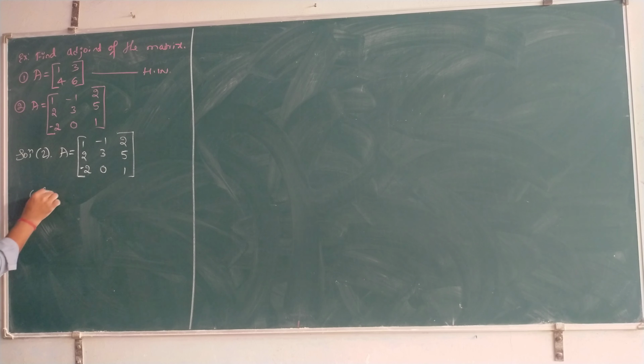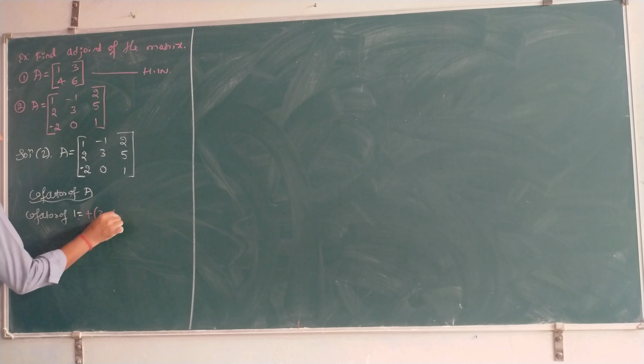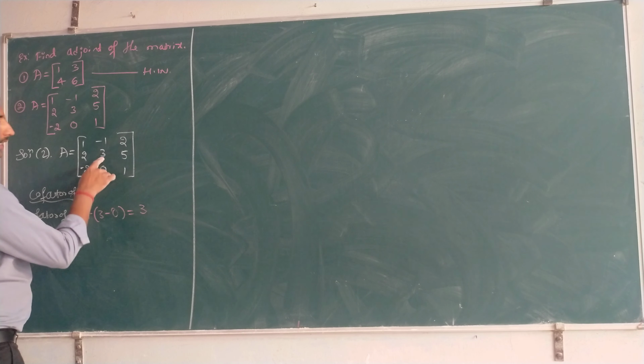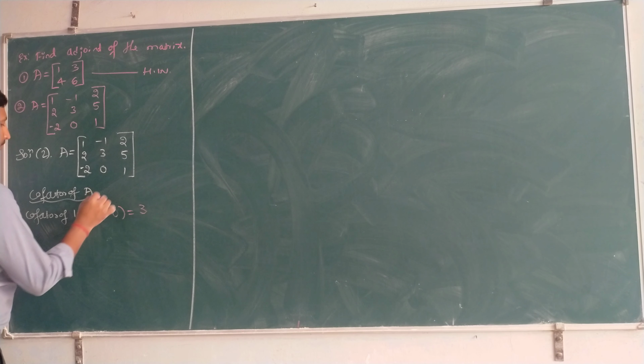Cofactor of capital A. Under that, cofactor of 1 is equal to plus 3 minus 0. I will write it as 3. Directly I will write 3 into 1, 3, 0. It is 3.